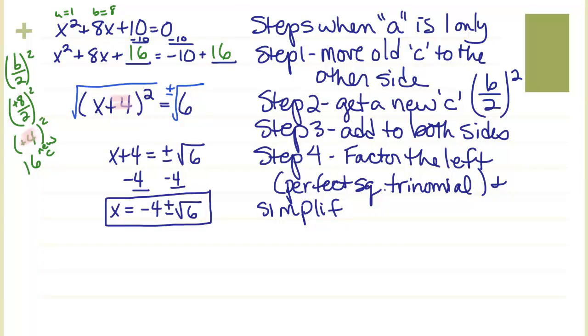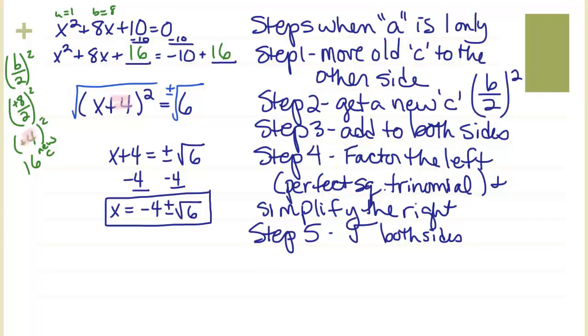That was our negative 10 plus 6. After that, take the square root of both sides. Don't forget your plus and minus. Step 6, add or subtract to get x alone.